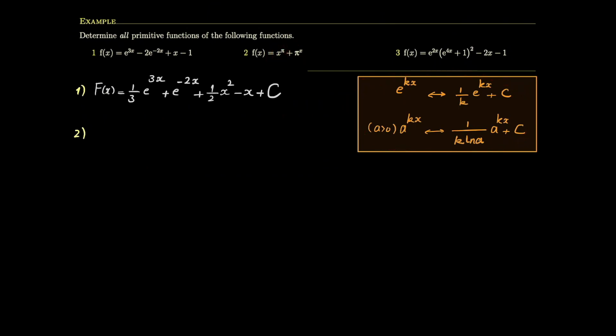Neither. Yes, because this is x to the power pi. What is the difference between x to the power pi and pi to the power x? Here it's a polynomial, a power function, because the exponent is constant and the base is variable. Here it is an exponential function because the exponent is variable and the base is constant.